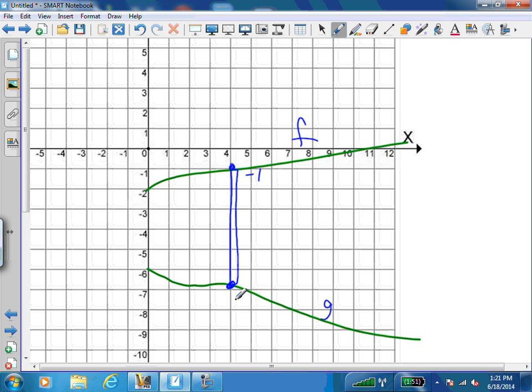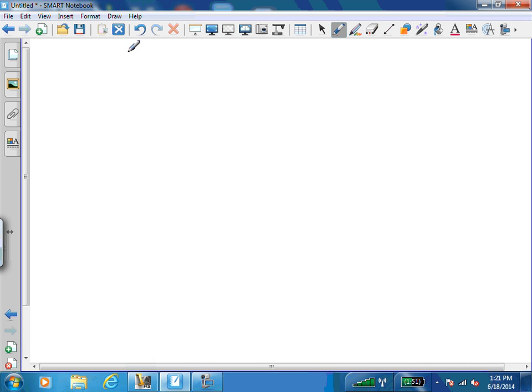Our y value here, let's call that -7. If we take our f minus our g, notice we get 6, which is that distance. 1, 2, 3, 4, 5, 6. So as long as we do our top minus our bottom function, that will give us the area between those curves. So let's look at an example.